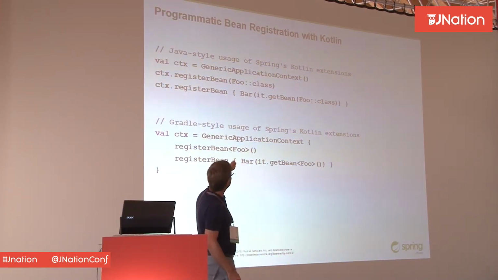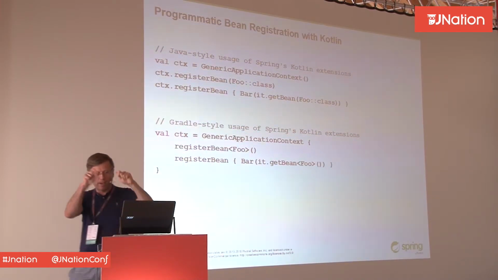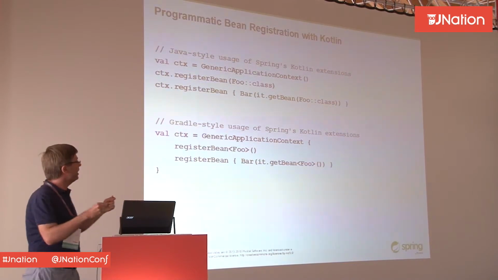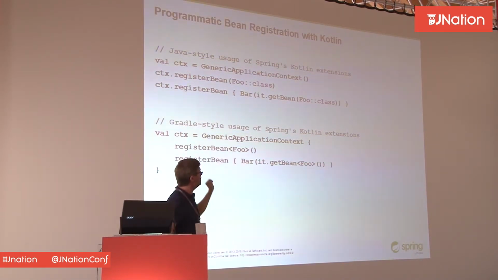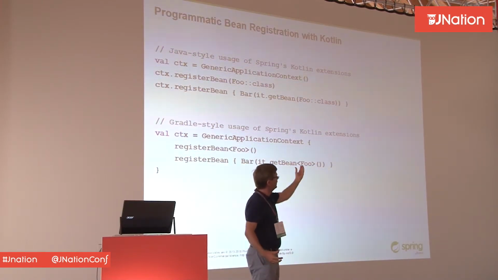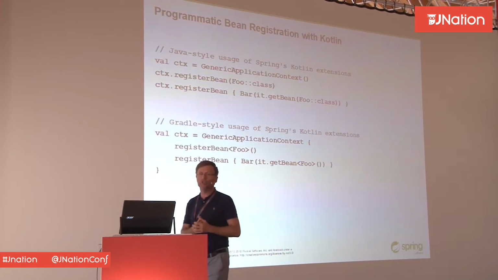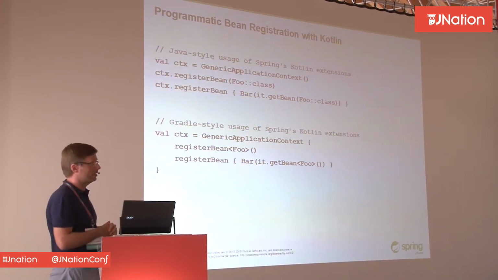So you're not even passing an argument in foo.class. You're generically specifying a foo type, and we can reliably infer through Kotlin reflection APIs that you mean the foo type, so you can have an even more concise expression of types here, which can be really nice, in particular in a DSL style setup.